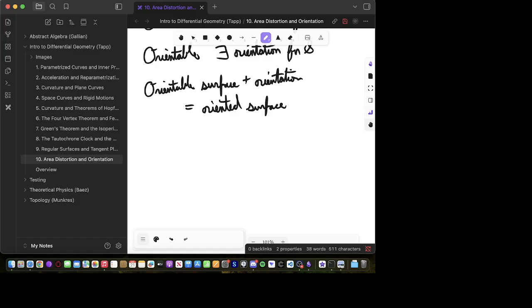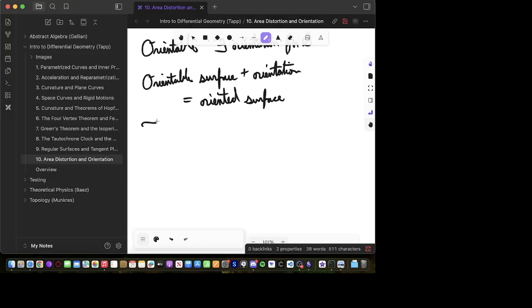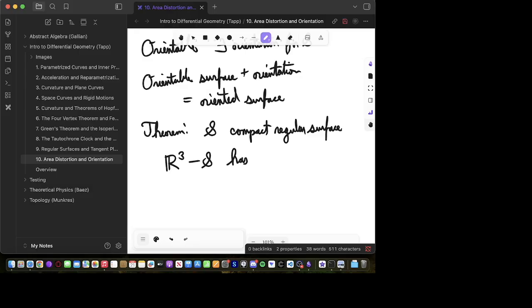Let's say that S is a compact regular surface. Then we must have that R3 minus S, which is all points in R3 that are not in the surface, has exactly 2 path-connected components.